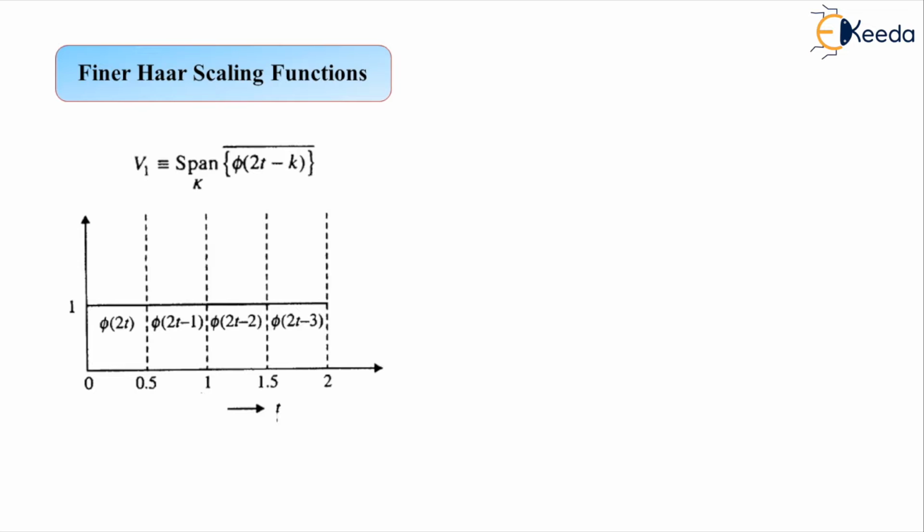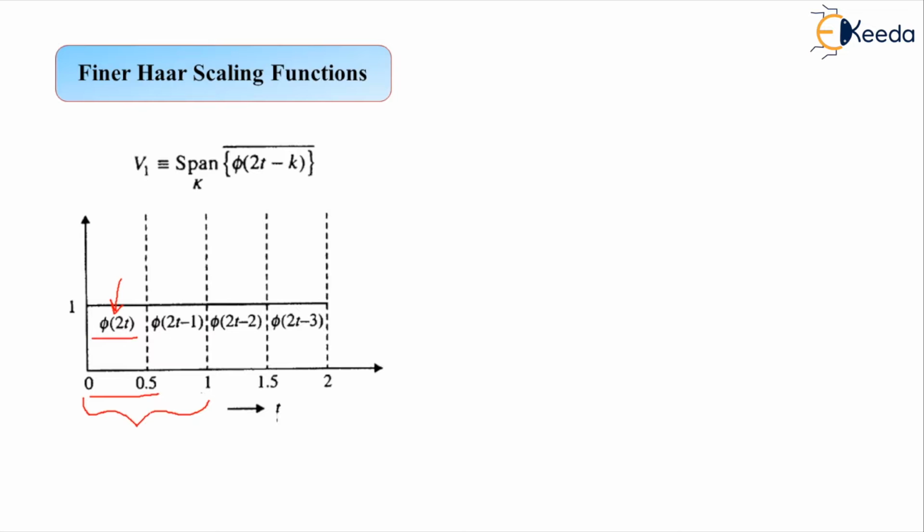In the original case of phi of t, this was the span. Now if we make it only 0 to 0.5, then phi of t written as phi of 2t is actually the scaling of this time interval, a reduction of the time interval to make it half.